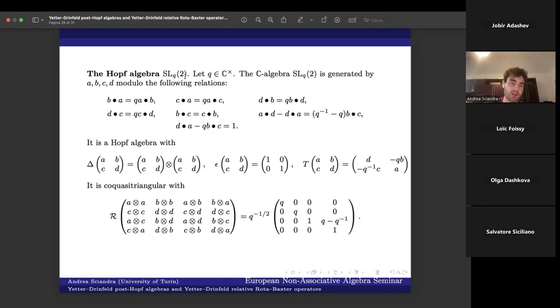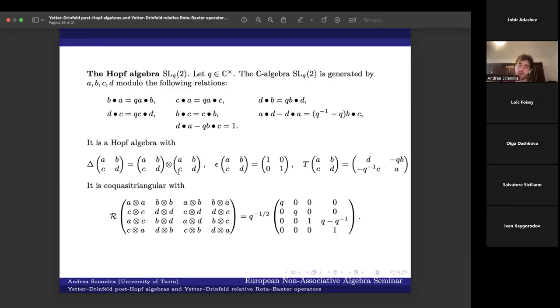It is known that these form a Hopf algebra with the so-called comatrix comultiplication. So the delta of an element A has to be read as A tensor A plus B tensor C, just as a product of matrices.